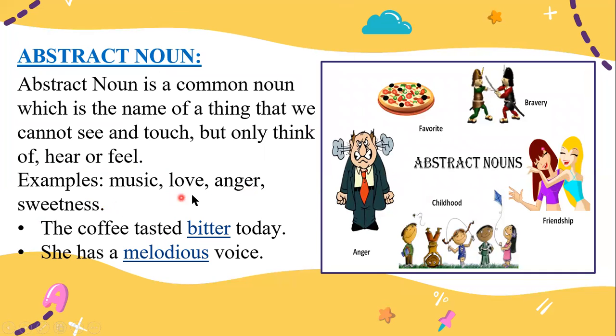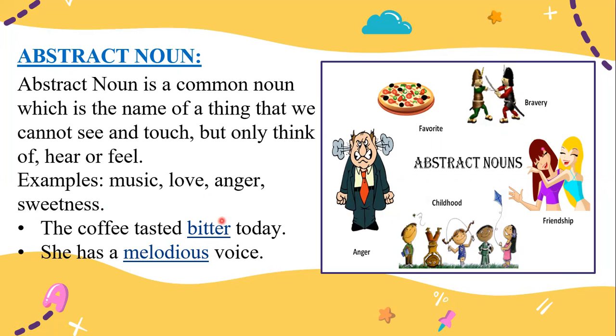Okay. Music, love, anger, sweetness. Yes, the coffee tasted bitter. Here the abstract noun is bitter. The taste is bitter. We cannot see what is bitter, but we can taste it and say how bitter it is.